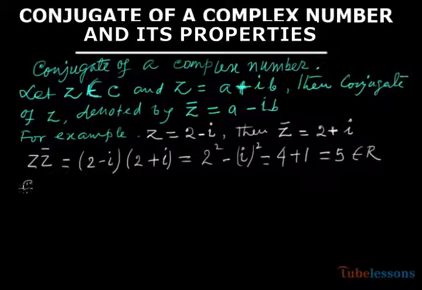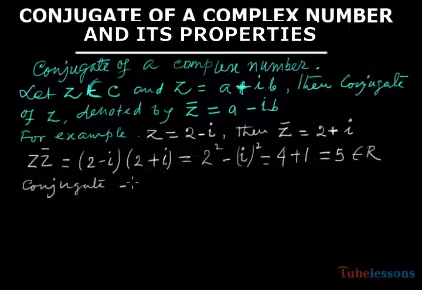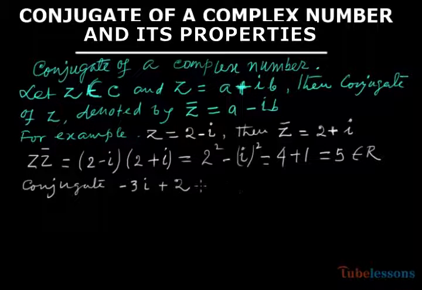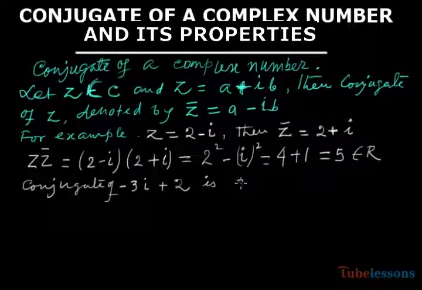Similarly, the conjugate of minus 3i plus 2 is, as it is minus 3i, it becomes plus 3i plus 2.